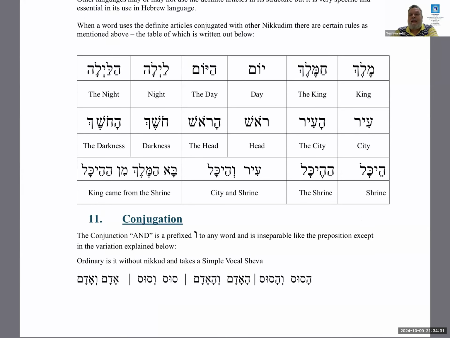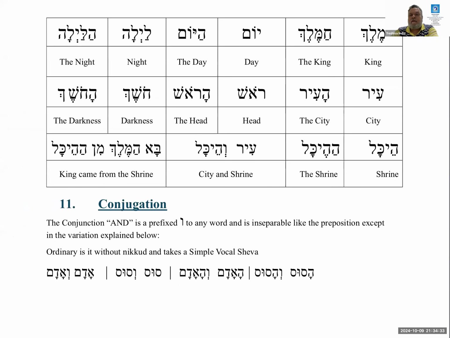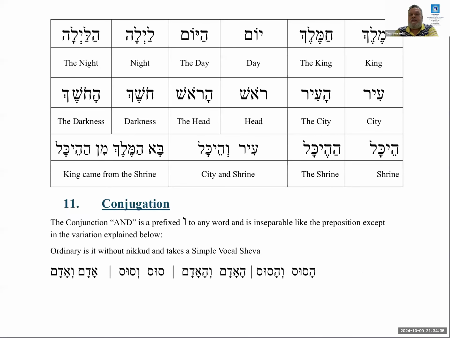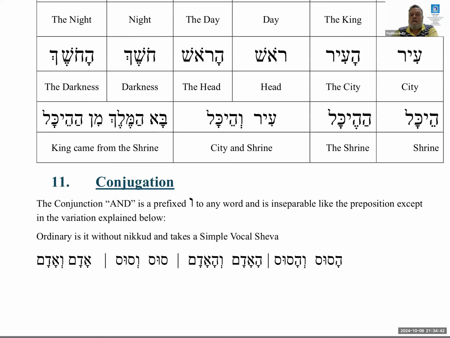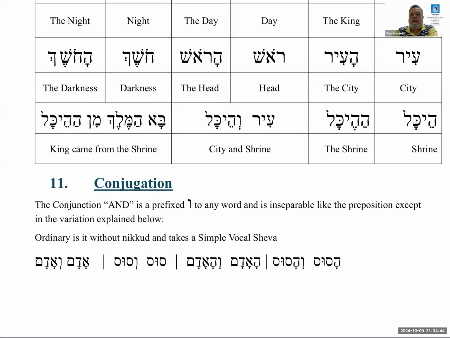Okay, the conjunction and, which is a vav, right, is prefixed to any word and is inseparable like the preposition, except in the variations explained below. Ordinarily, it is without nikud and takes a simple vocal shva. Adam becomes ve Adam, sus becomes ve sus, ha Adam becomes ve ha Adam, and hasus becomes ve hasus.